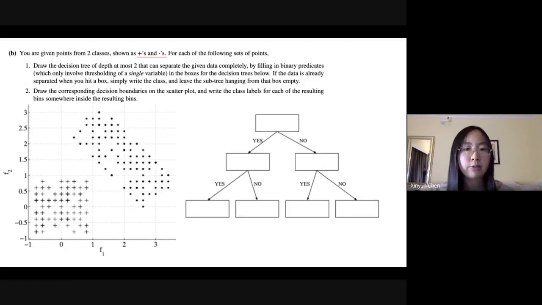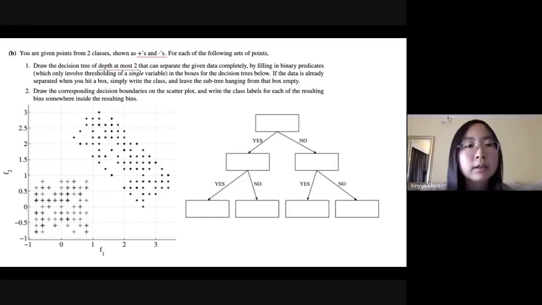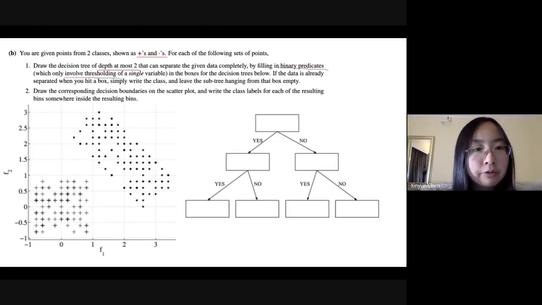Firstly, we are asked to draw the decision tree of depth at most 2 that can separate all the given data.